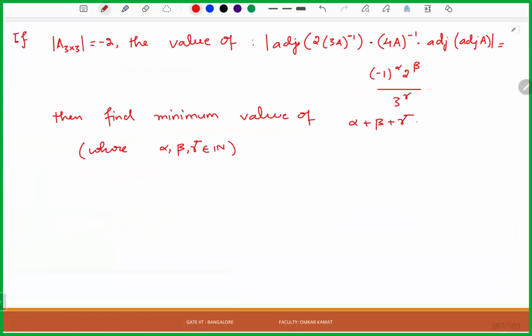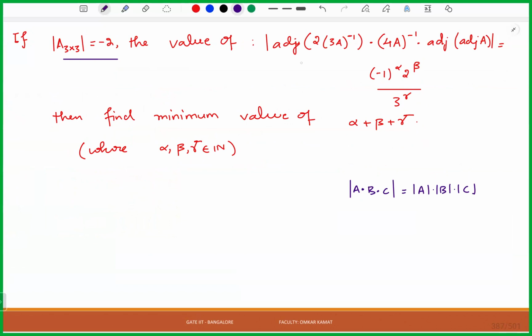So see here, we know the property that determinant of A into B into C is equal to determinant of A into determinant of B into determinant of C. Here they are telling that A is a 3 cross 3 matrix, then adjoint, inverse, adjoint of adjoint, all will be 3 cross 3 matrices.